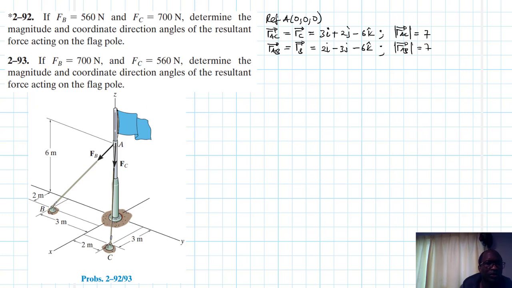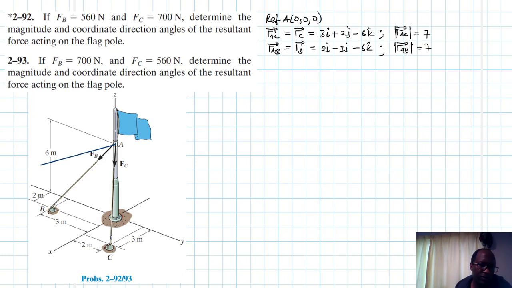So now let's draw these forces here. Let's start with FC. In the x direction, we expect a component in this direction, so look at the octant where it is.